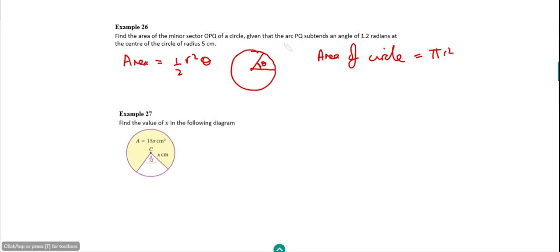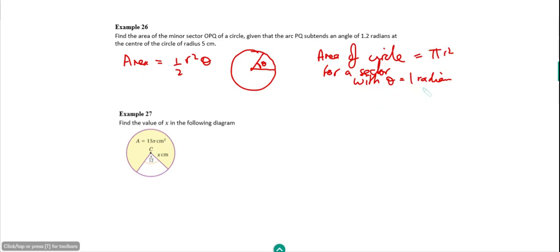So that would mean that if we wanted the area of just a sector with the angle being 1 radian, so for a sector with theta equals 1 radian, then because there's 2 pi radians in a full circle, we just need to divide this by 2 pi.